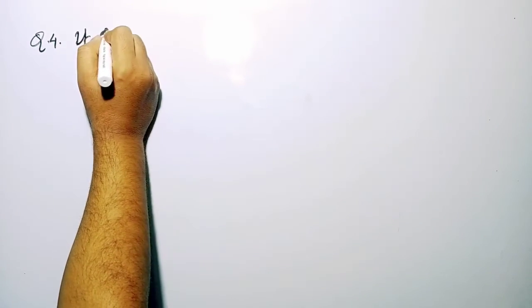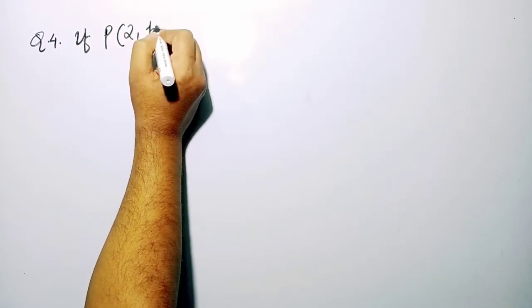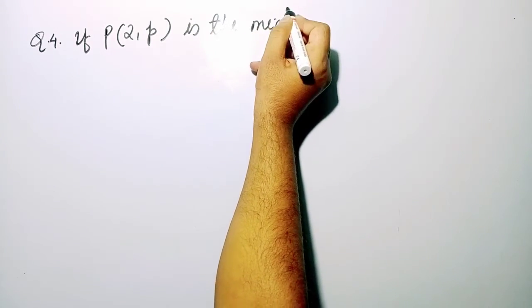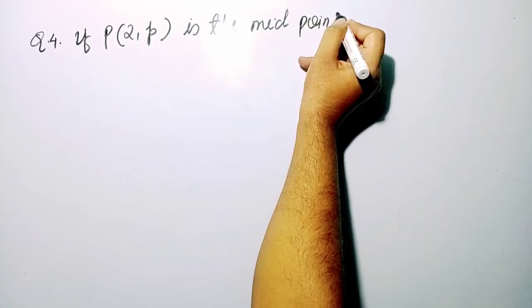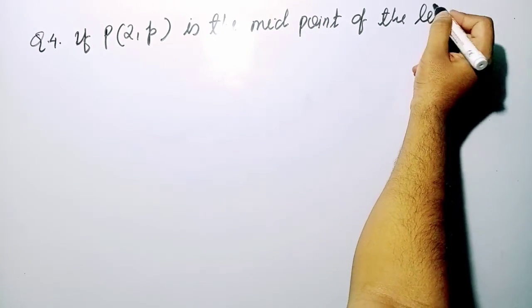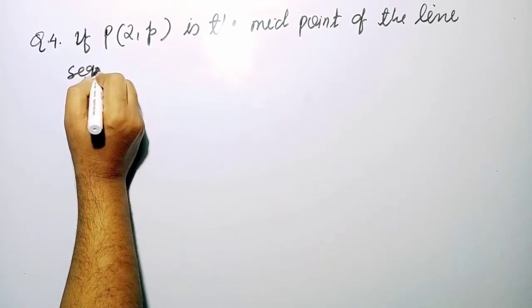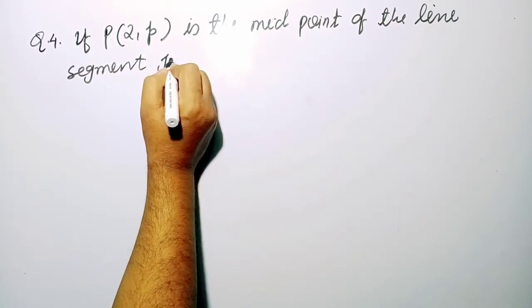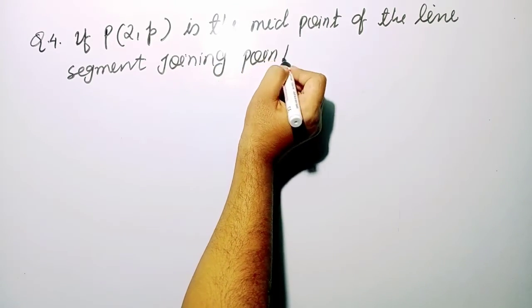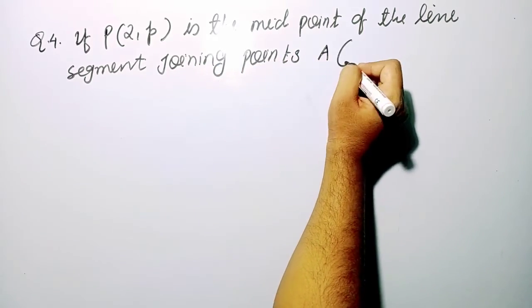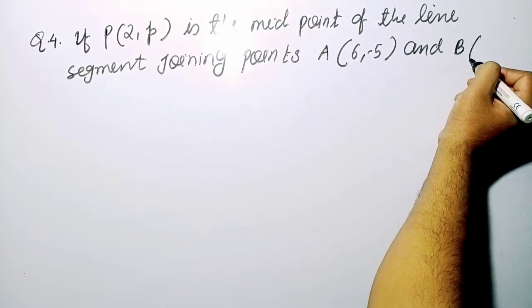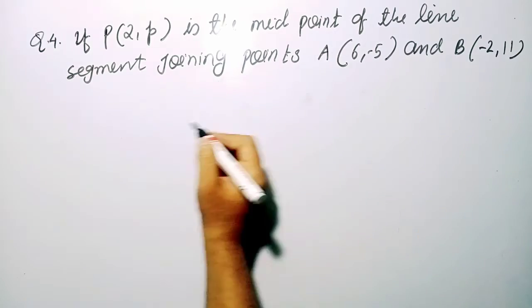Now question number 4. If P having coordinates (2, p) is the midpoint of the line segment joining points A having coordinate (6, -5) and B having coordinate (-2, 11).